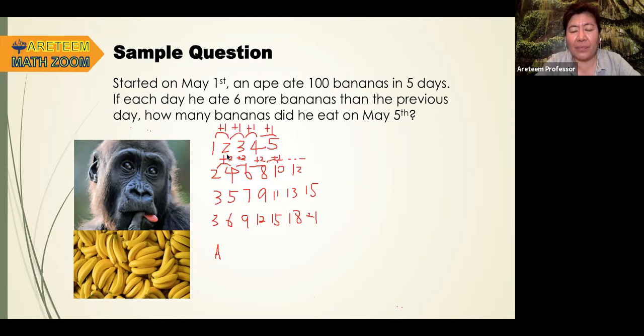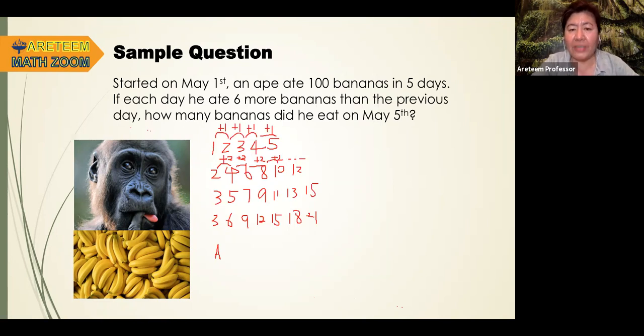For example, add 1 to 2 to 3 to 4 to 5. Do this one real quick: add up the first arithmetic sequence. What do you get? 15, yes.